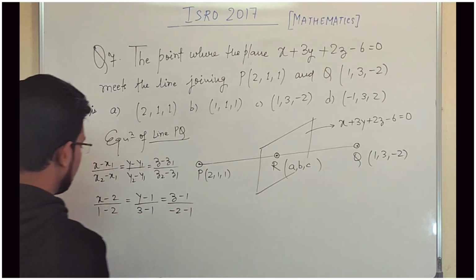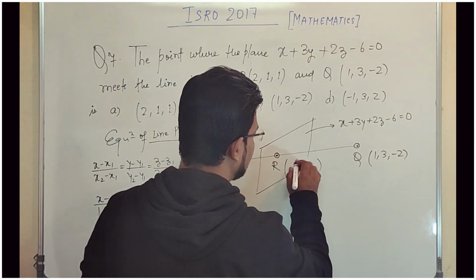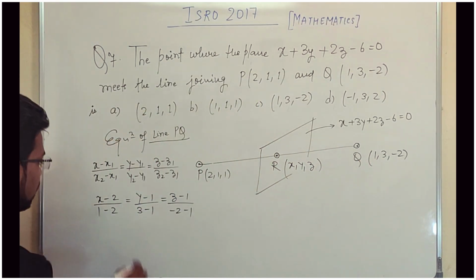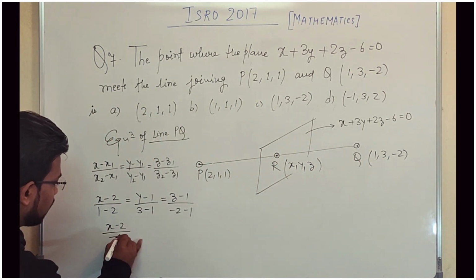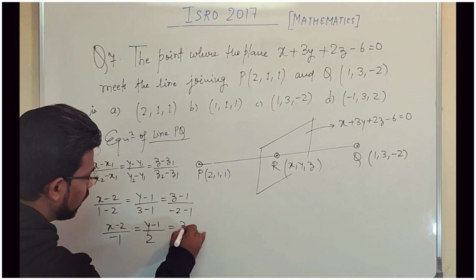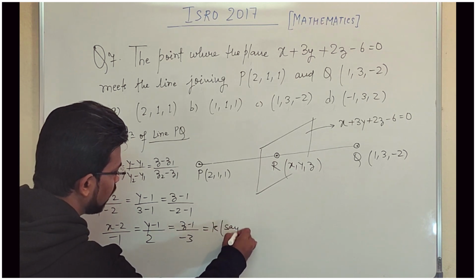Okay, no problem. Better you keep it x, y, z itself, otherwise some more variables will come into the picture. So I'll be writing (x minus 2) by minus 1, and this is (y minus 1) by 2, and this is (z minus 1) upon minus 3, and let's say this is k.